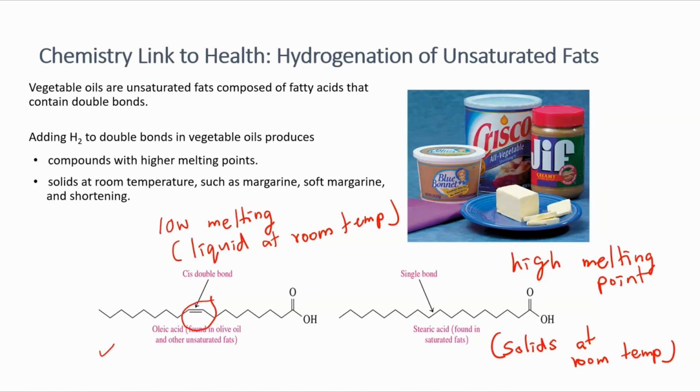On the other hand, vegetable oil or olive oil stay as liquid at room temperature and their melting points are low, and they are much less likely to form those fat deposits in your blood vessels. For these reasons, saturated fats are known to be less healthy than unsaturated fats.